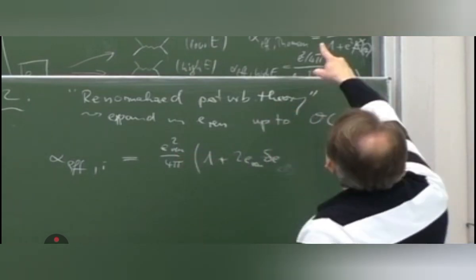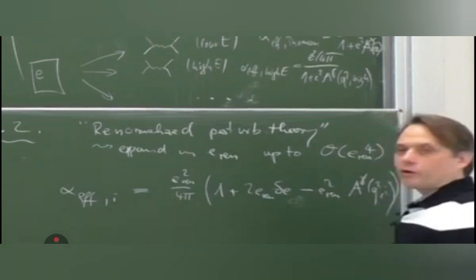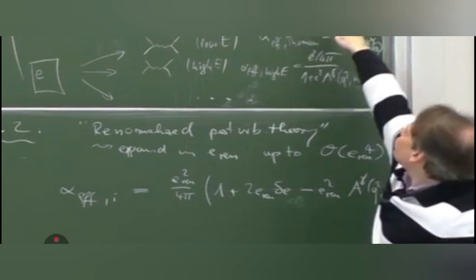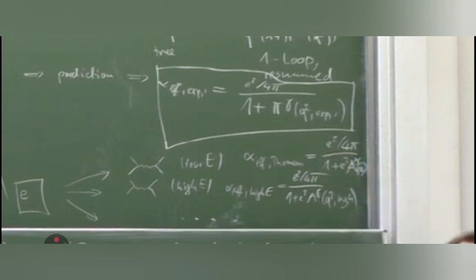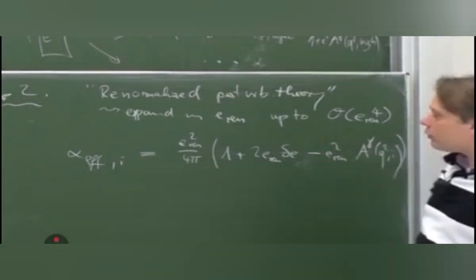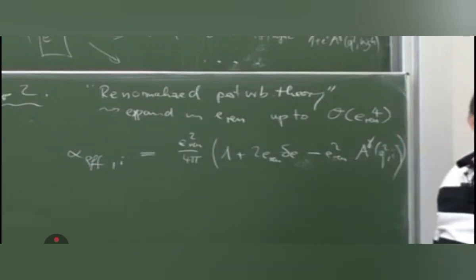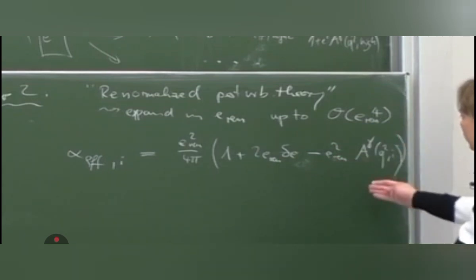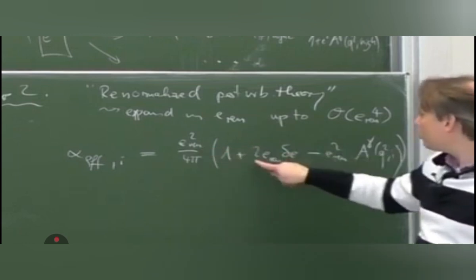And then we get from the denominator minus E renormalized square A gamma of Q square for the experiment I. Okay. So I've now brought that back into the numerator and replaced pi gamma by E square times A gamma. E square is replaced by E bar square. E bar is then power expanded in the renormalized charge, and terms of order E to the 4 are taken into account, and higher order terms are neglected. So this delta E is of at least of order E square. Therefore that term here is of the order E to the 4th power.